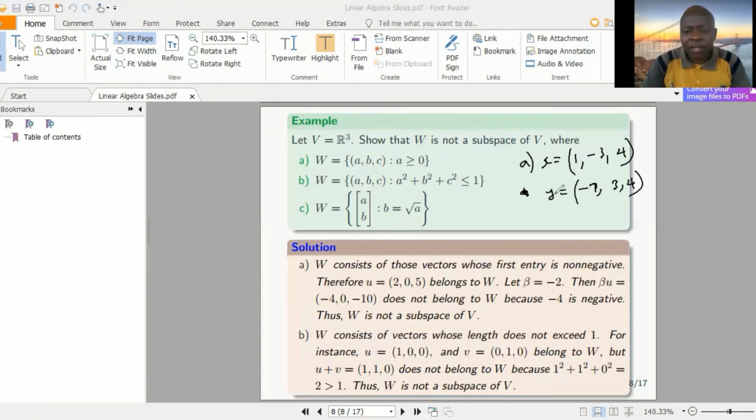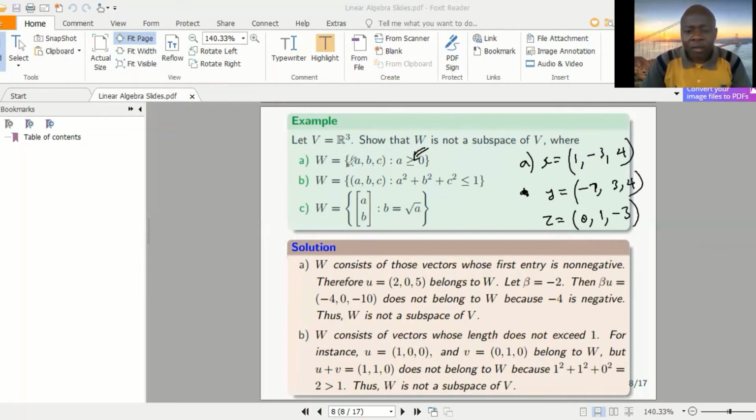So this vector Y is not a member of W, but this vector is a member of W. What about this other vector Z, is it a member of W? Yeah, this is a member of W. I check the first element and I can see it is 0, so it fulfills this condition. So Z is in W.